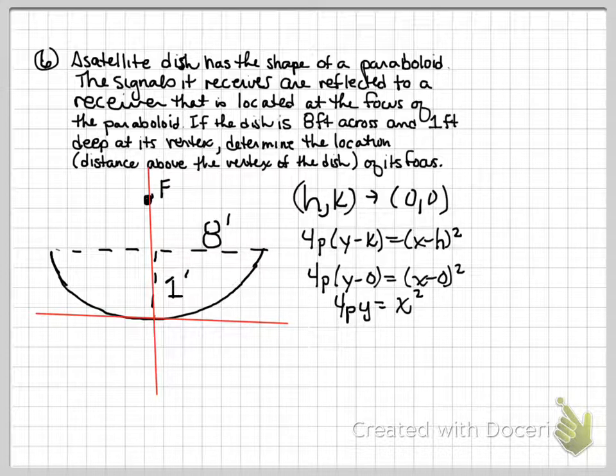All right. Now we need one other point on our parabola to help us find our p. And we actually have it right over here. It is this point right here. Because I know my parabola is going 4 across, this distance is going to be 4, and this distance is 1, because the focus is going through the vertex, which is going through the middle of that parabola. So that point up there is at 4, 1.